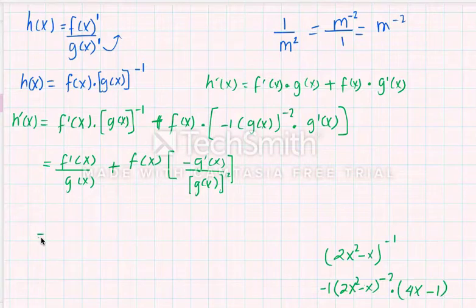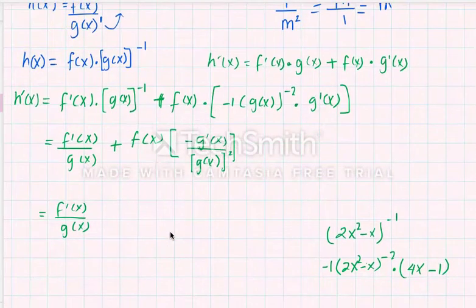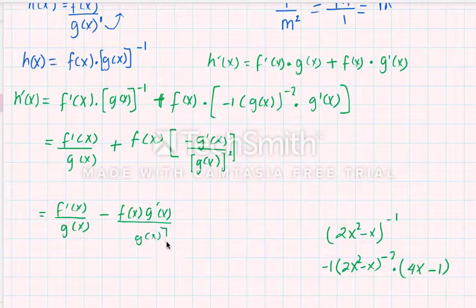Let's continue. Nothing we can do to the first term, so f prime of x over g of x. And on the second term, we have positive times negative, so we're going to make a negative. Negative f of x times g prime of x over g of x squared.